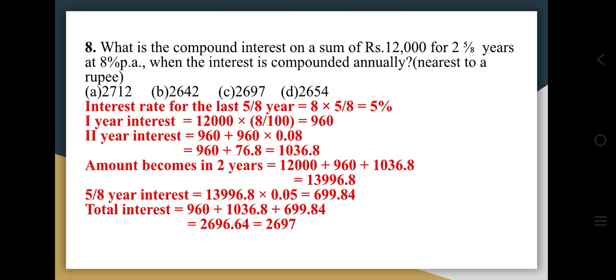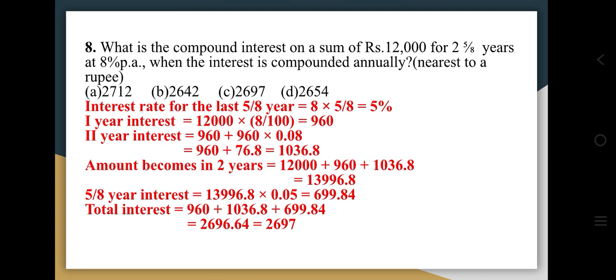that is 960 into 8 by 100, which is 960 into 0.08. So 960 into 0.08 is 76.8. So the second year interest is 960 plus 76.8, that is 1036.8. Now we have to calculate the interest for the last 5 by 8 year, but not at 8%.